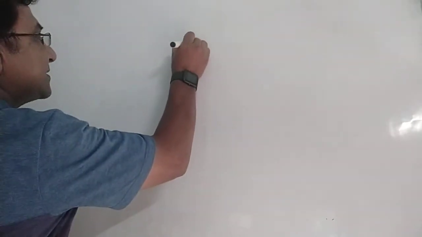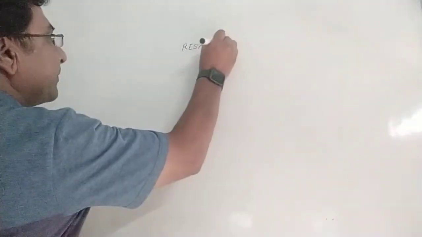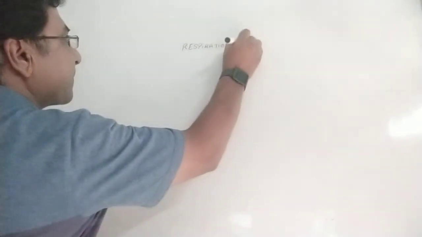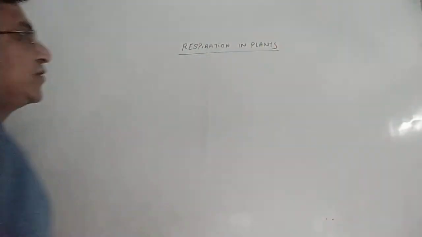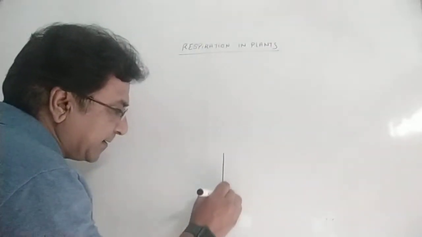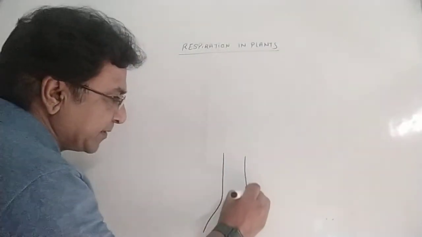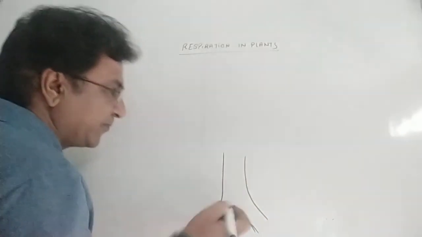Now we will discuss respiration in plants. This is again a 1 to 2 mark question which can come. Let's make a tree to understand it. So these are roots.